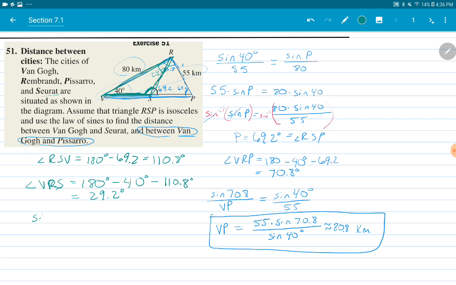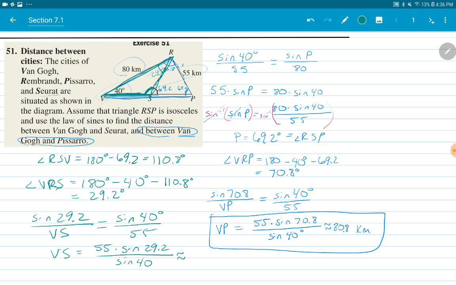So I have sine of 29.2 divided by whatever VS is, which is what we're looking for, and that equals that ratio of any of these other sides and angles. So I get VS equals, cross multiply, 55 times the sine of 29.2 all over the sine of 40.